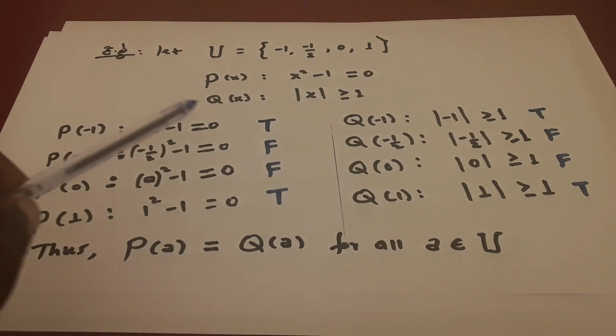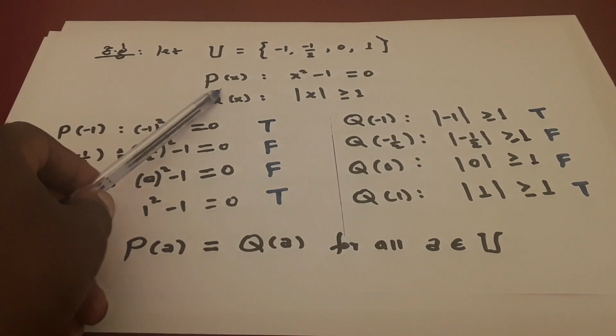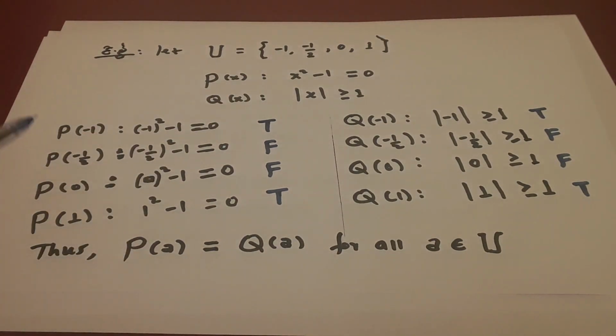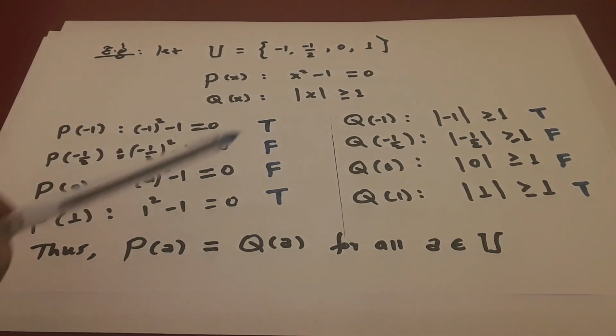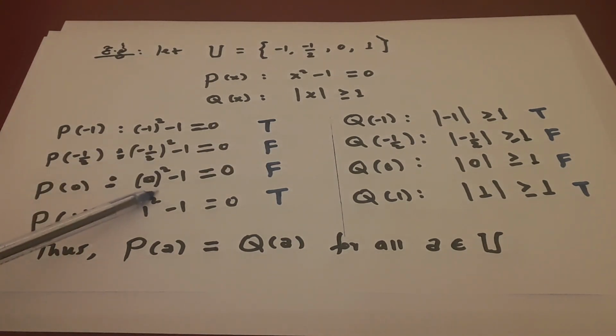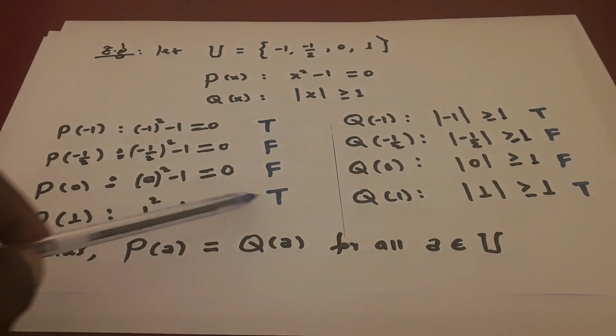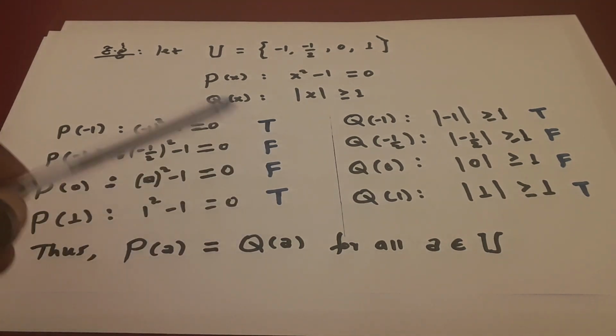P of minus half: minus half squared is 1 over 4, and 1 over 4 minus 1 is not 0, so this is false. P of 0: 0 squared is 0, 0 minus 1 is minus 1, which is not 0, so false. P of 1: 1 squared minus 1 is 0, so that's true. So we have true, false, false, true.